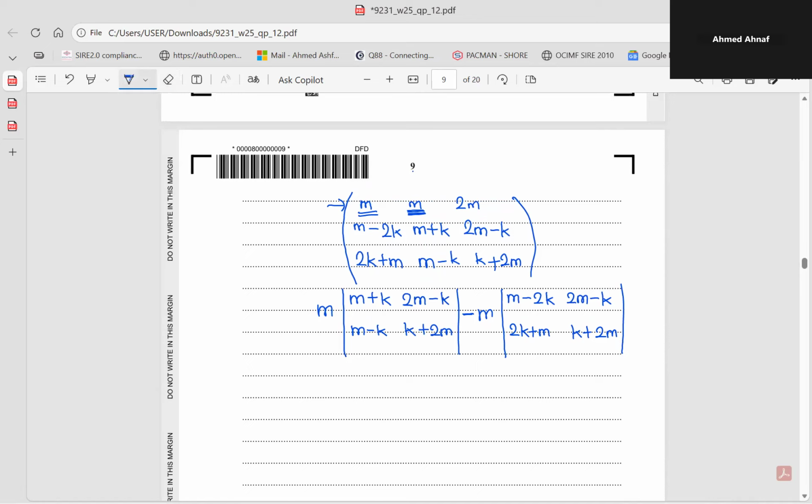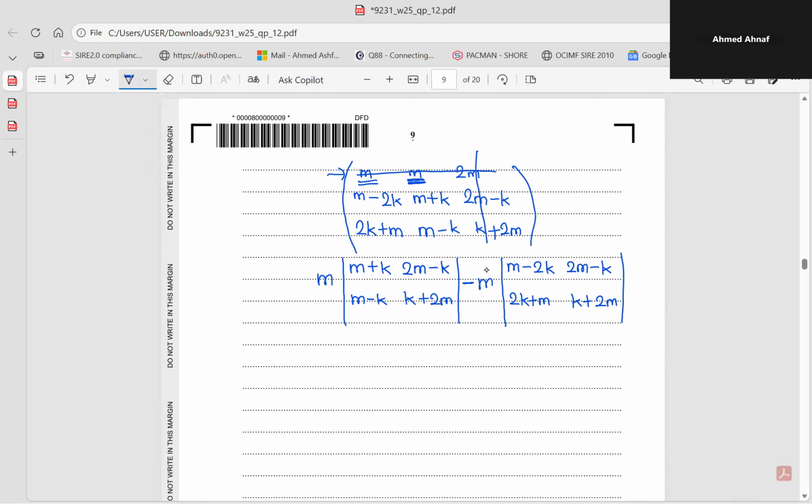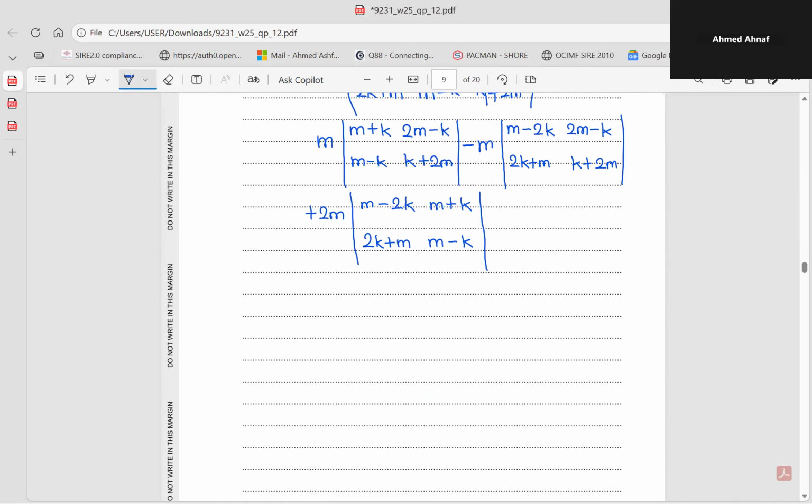And take this. So this is going to be plus 2m. Take the determinant of the remaining elements, m minus 2k, m plus k, 2k plus m, m minus k. Yeah, so this is the determinant of ABC.